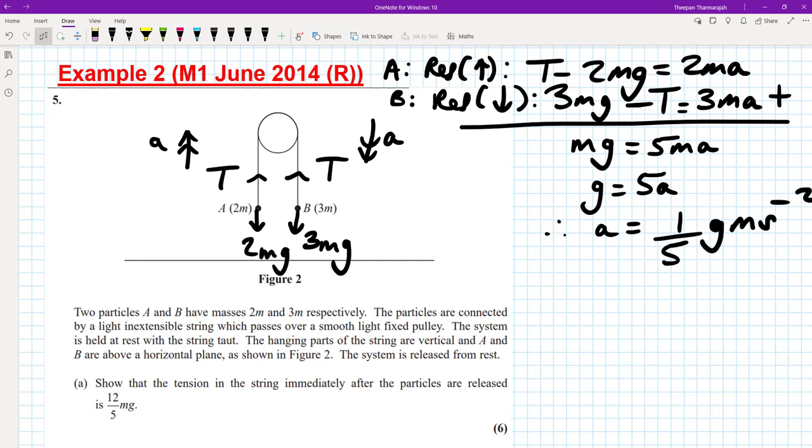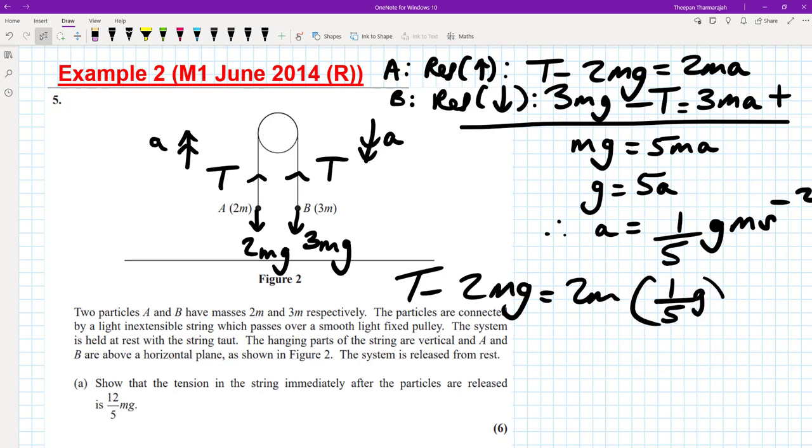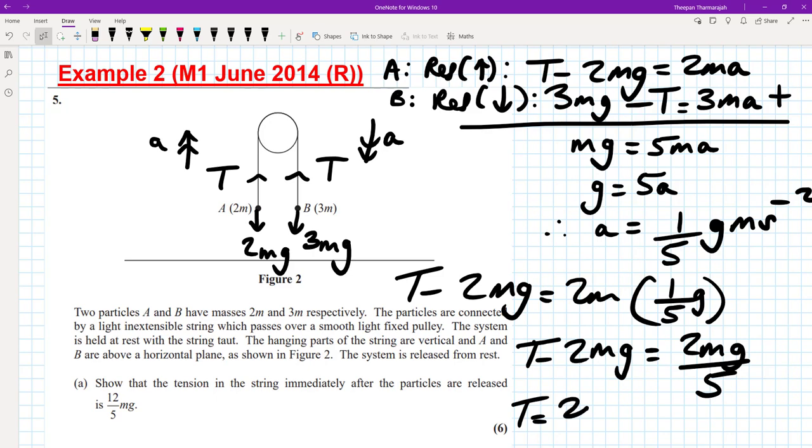meters per second squared. Now we want to show that the tension is 12 over 5 mg, so it's T minus 2mg equals 2m times a fifth of g. That gives me T minus 2mg equals 2mg over 5. So T is 2mg plus 2mg over 5.